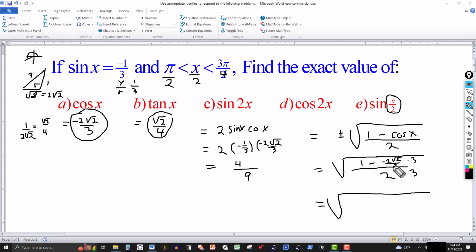So the 3's cancel here. You multiply over here, so this will be 3 plus 2 square root of 2. Then 3 times 2 in the denominator is a 6. So I get positive the square root of 3 plus 2 square root of 2 over 6. Now I could rationalize this, but we'll leave it in this form there.